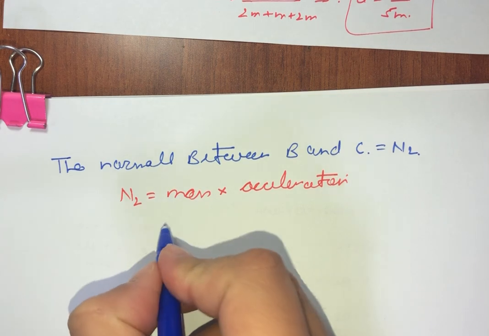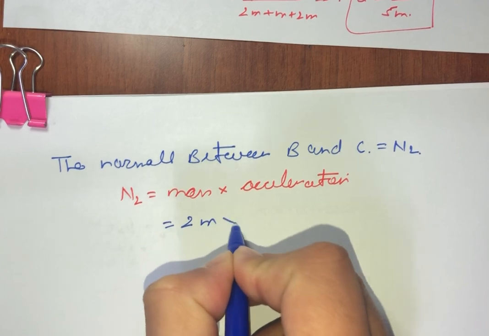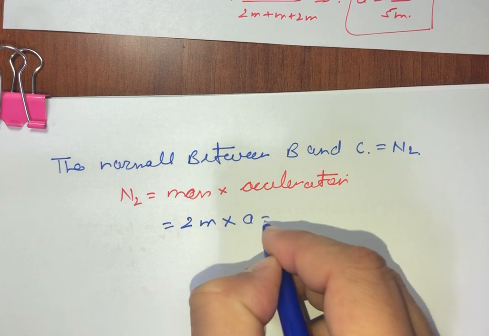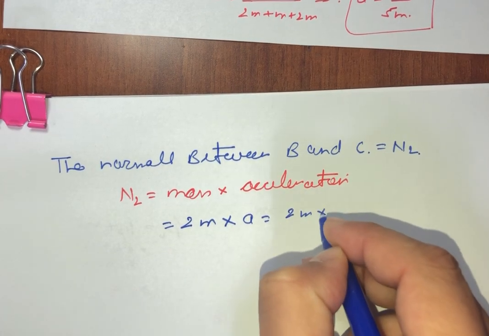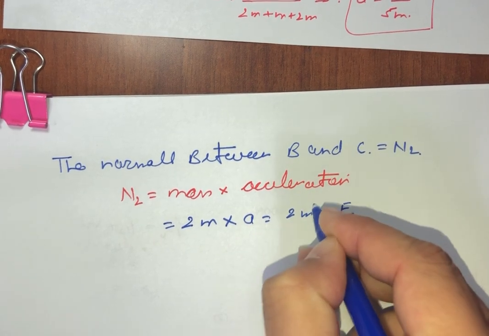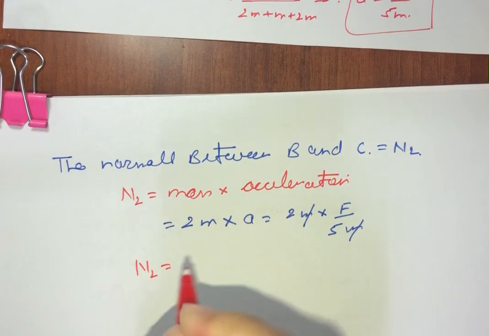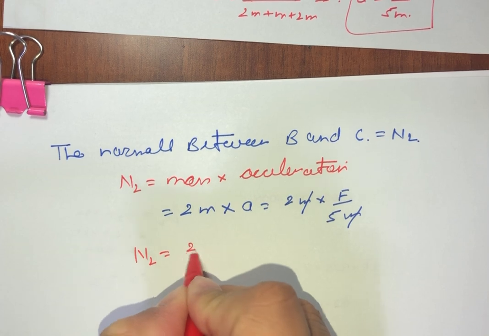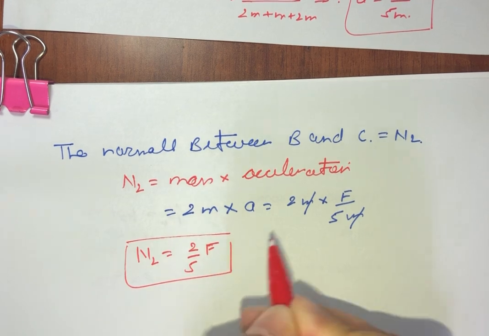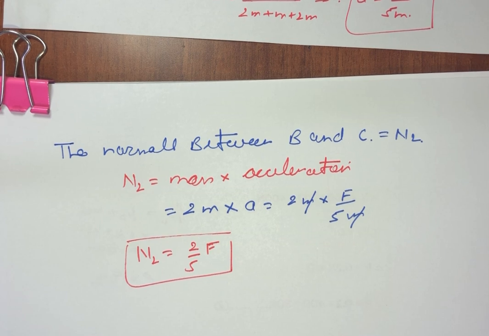The mass is 2m and the acceleration is F upon 5m, so m cancels with m. From here our N2 is equal to 2 upon 5 multiplied by F. So this is the normal reaction between B and C.